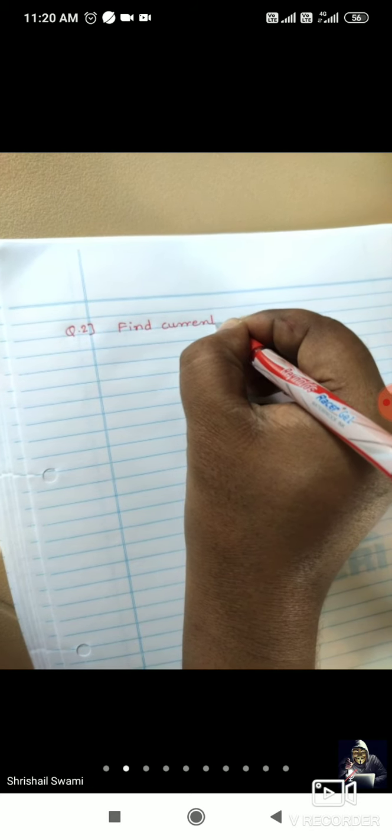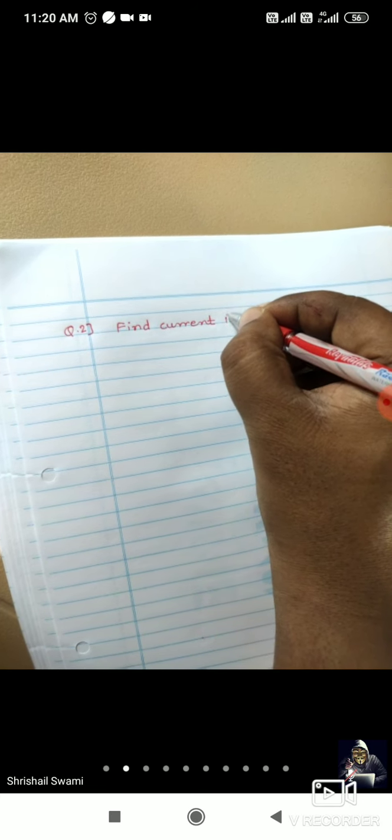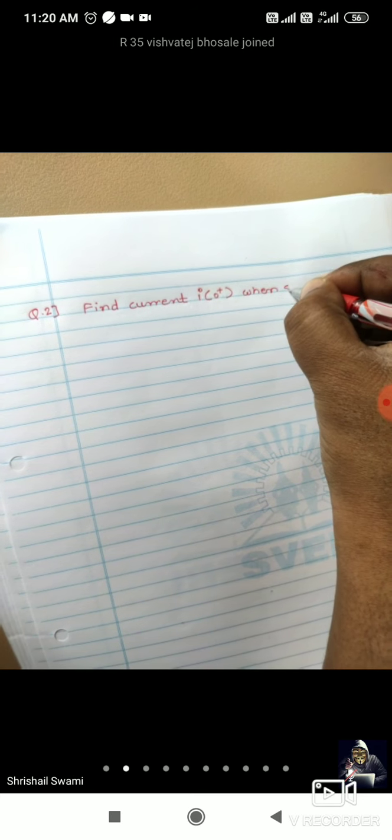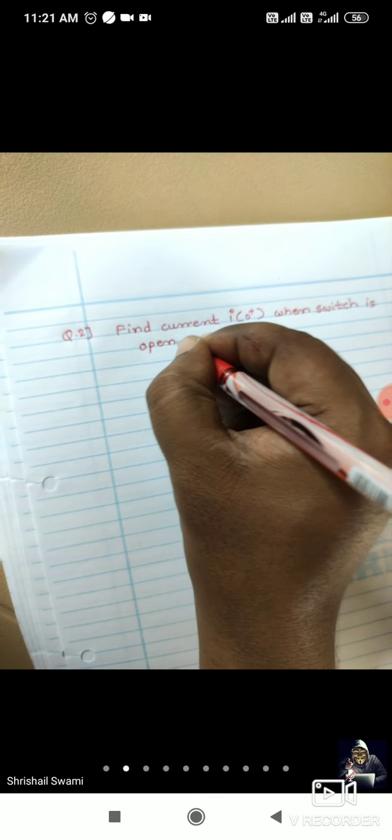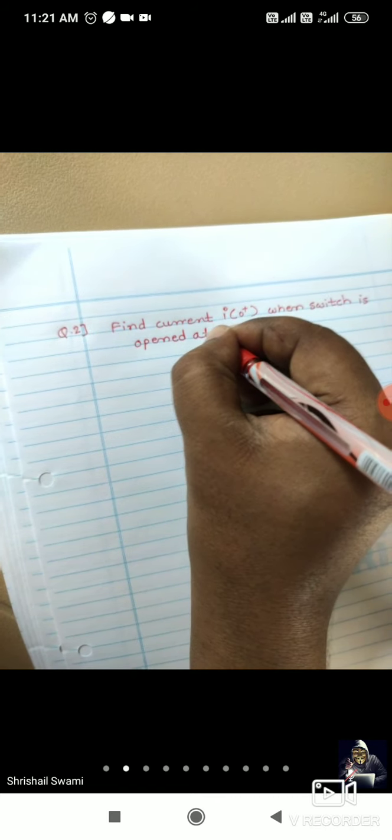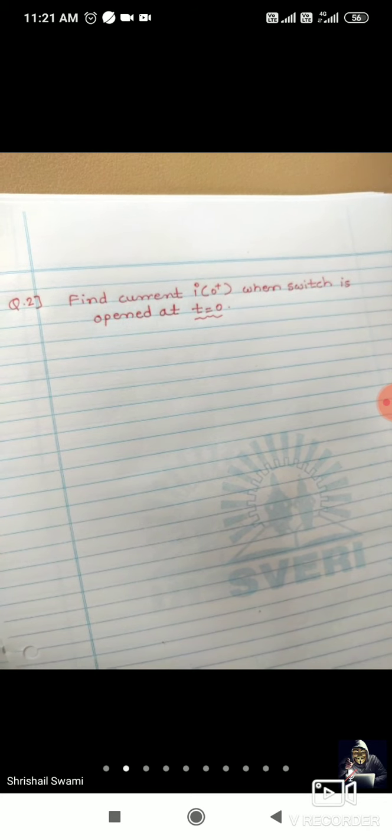Find current I of 0 plus when switch is open at t equal to 0.